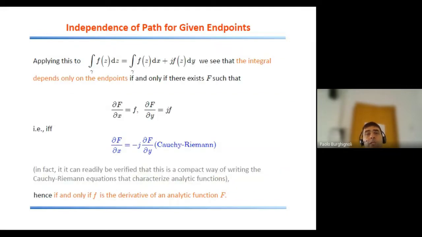However, before going to that, if you apply this independence of the integral from the path for given endpoints to the complex integral we are discussing now, and if you split it into two parts, so you let f(z) dz be equal to f(z) dx plus j f(z) dy, then this integral will depend only on the endpoints if and only if there exists a potential, let's call it capital F, such that its partial derivatives with respect to x and y are equal to, respectively, f and jf, which means exactly the same as writing that the partial derivative of capital F with respect to x is equal to minus j times the derivative of capital F with respect to y.